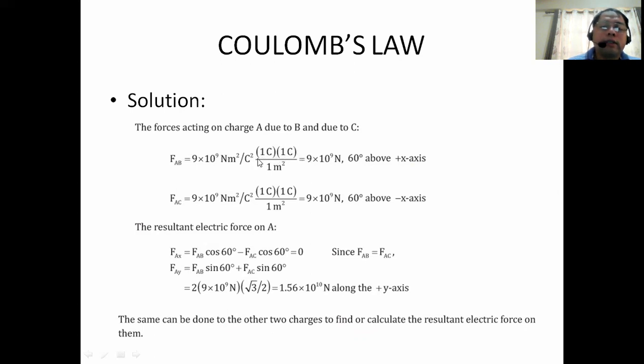So I think something is in error here. This is in micro Coulomb supposedly. If they are 1 Coulomb each, then you will end up with this much of a force. And again, the force that we consider is acting on charge B. So charge B may have a different answer for this one.